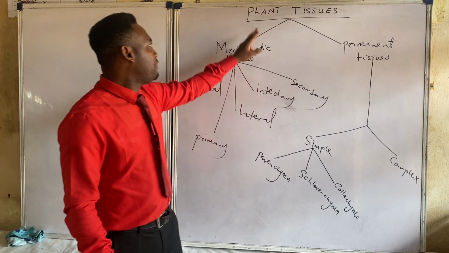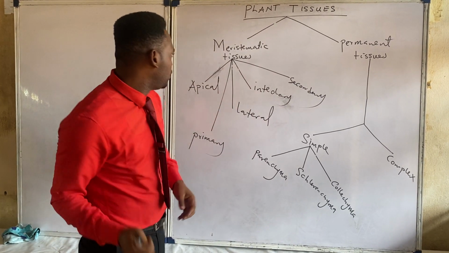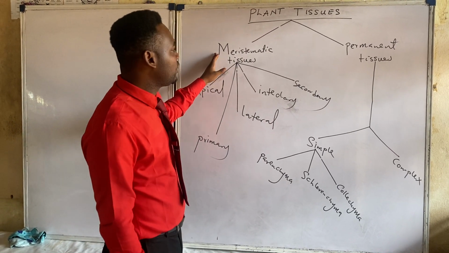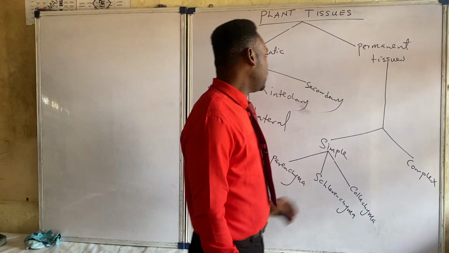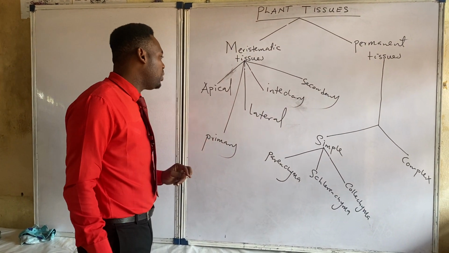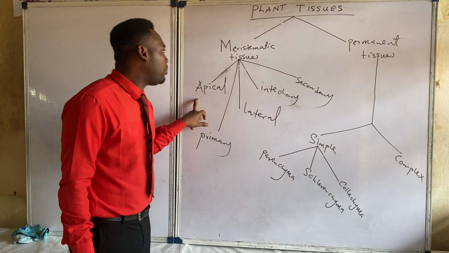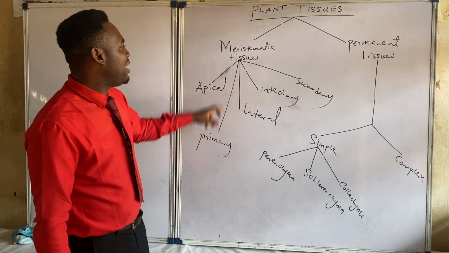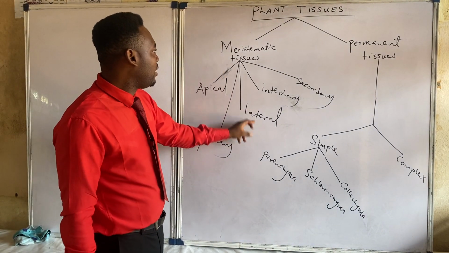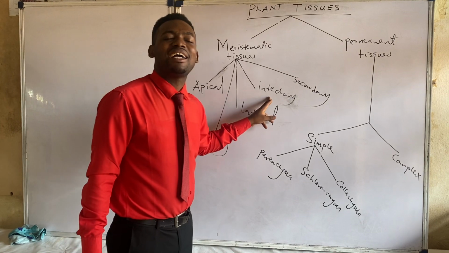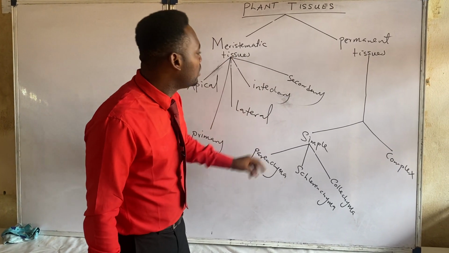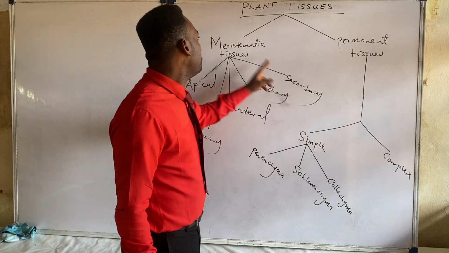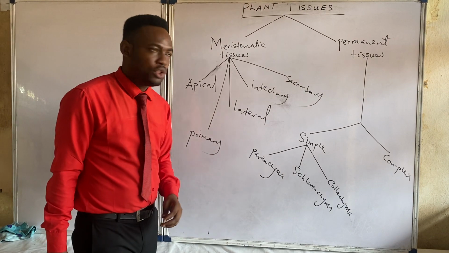So I go again. From plant tissues, we have two groups: meristematic tissues and permanent tissues. Under the meristematic tissue, what do we have? We have apical, primary, lateral, intercalary, and secondary meristematic tissues.